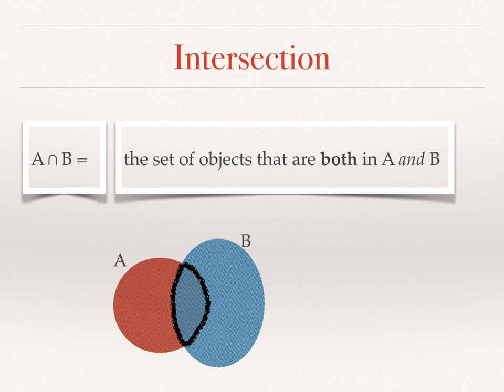That is why I drew that thick black line around the part that is shared by both A and B. These are the objects that are contained in both A and B.